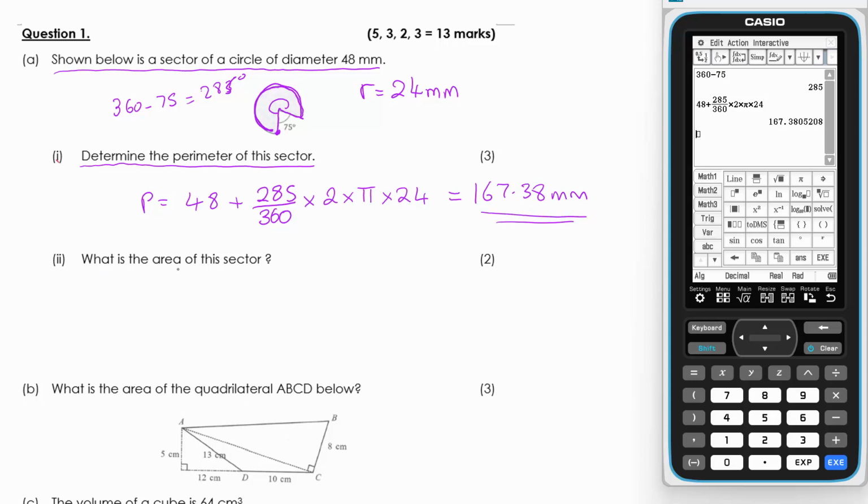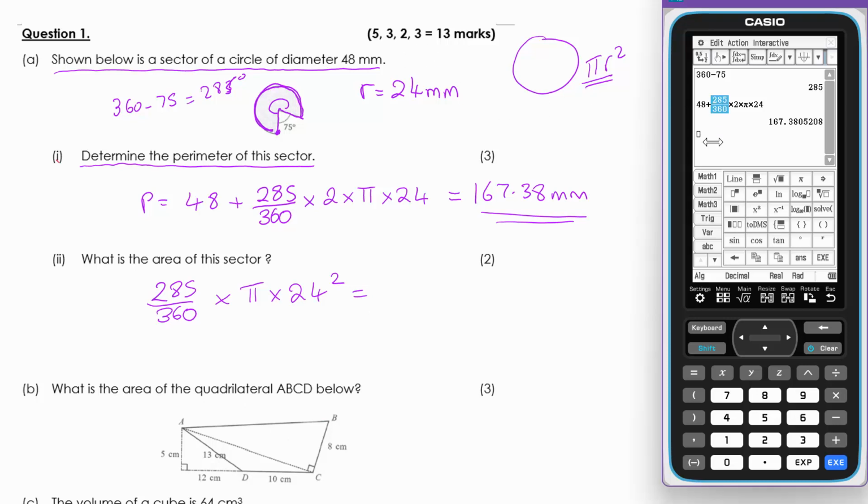What is the area of the sector? Well, we know for a whole circle, it's pi r squared. What fraction of the circle do we have? Well, once again, it's 285 over 360. But this time it's pi times the radius squared. So it's going to be pi times 24 squared. And so let's just drag that, save typing it in again.